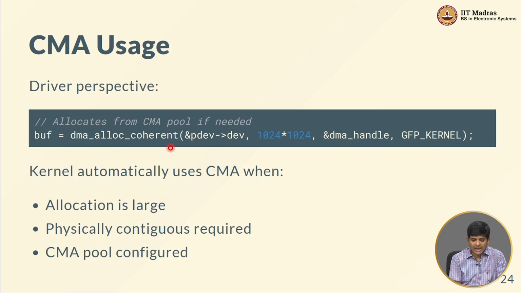If the allocation you are looking for is very small, it's almost certainly not fragmented, so you don't need to worry too much about whether it's contiguous memory. This function takes care of it, whether you are talking about a large or a small allocation, and makes sure that you get a contiguous block of memory. It sets up these pools and manages them internally, so all of this is handled by the kernel.